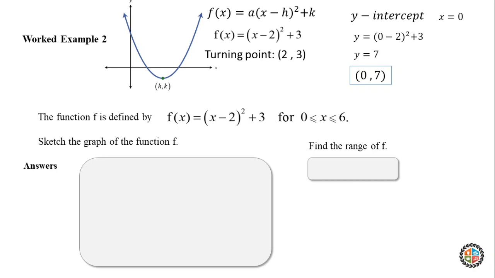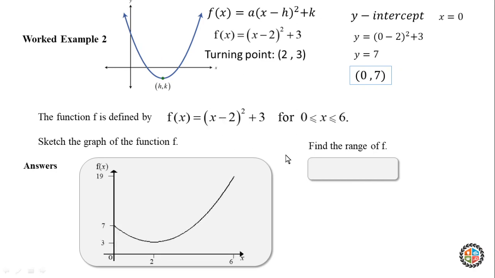And if you substitute the value 6, 6 minus 2 is 4. 4 squared is 16. 16 plus 3 is 19. Thus, the graph will look like this.